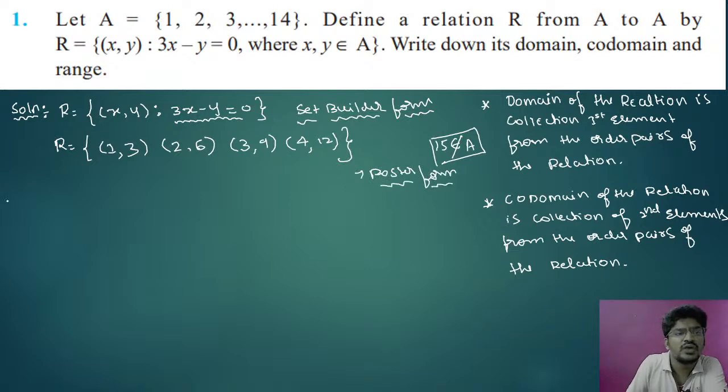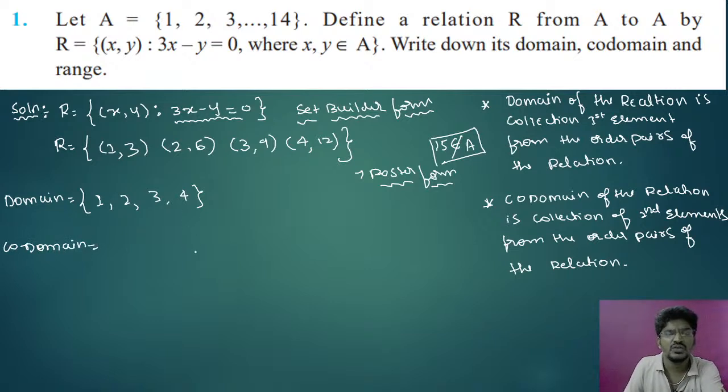Okay. So now you write the domain. What is the domain? Collection of first elements from the ordered pairs. So it will be 1, 2, 3, 4. Next, codomain. What will be the codomain? Here you can see codomain and range are going to be the same elements.